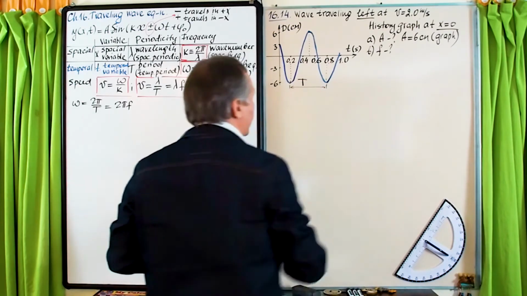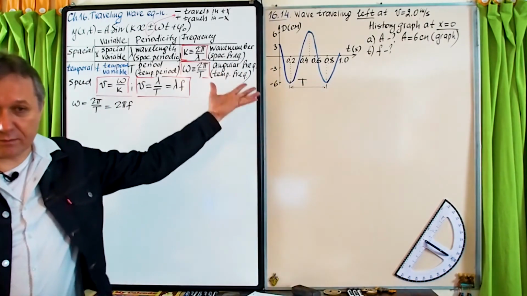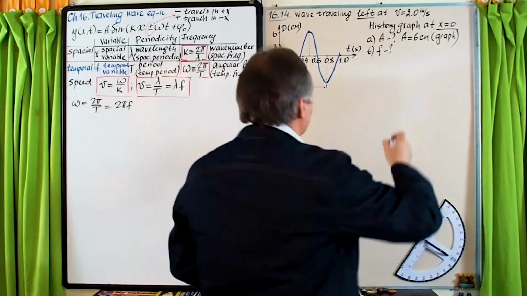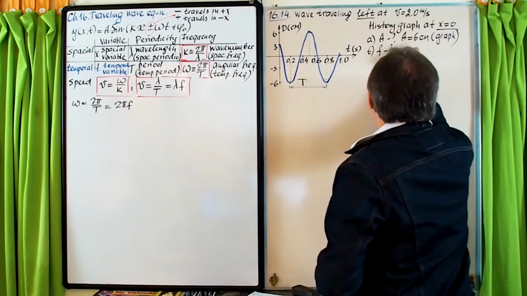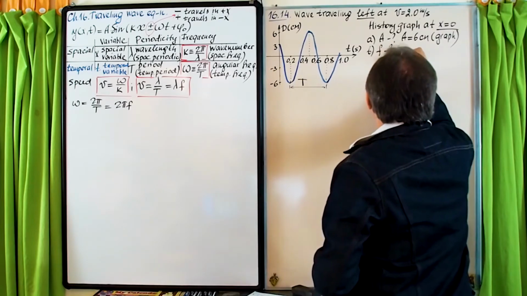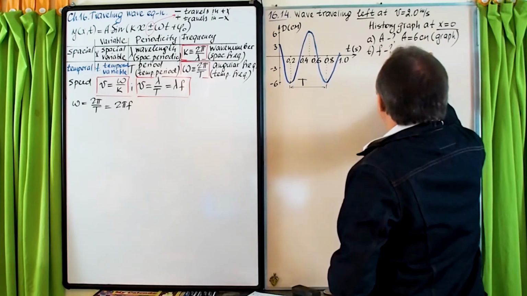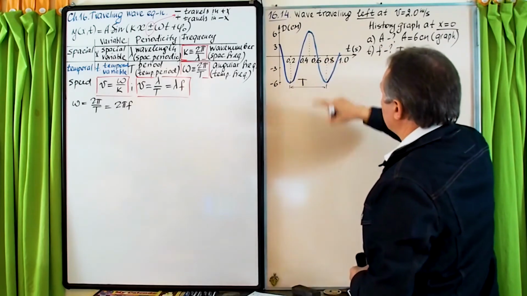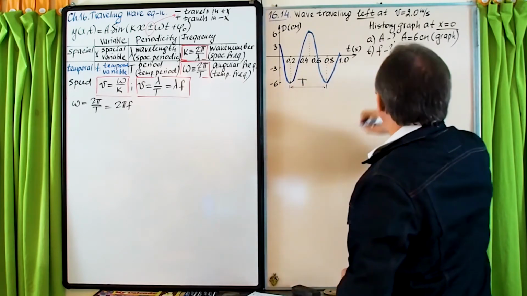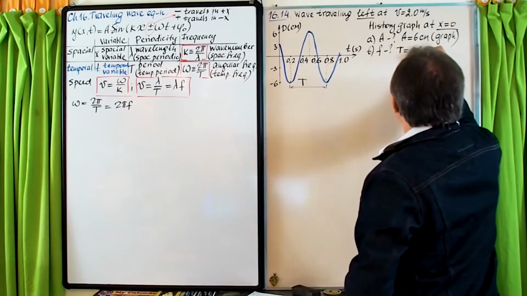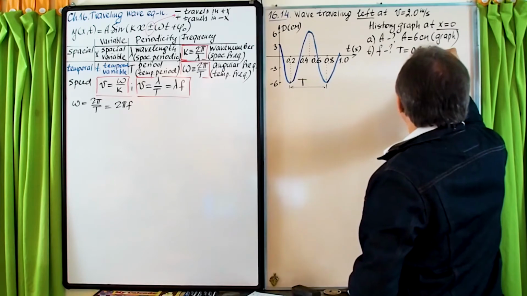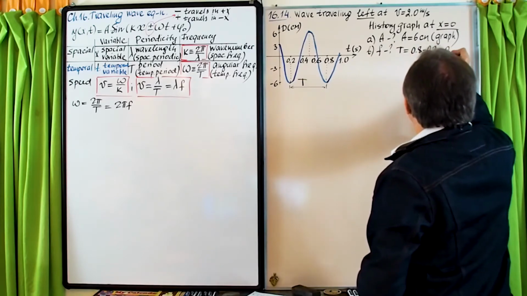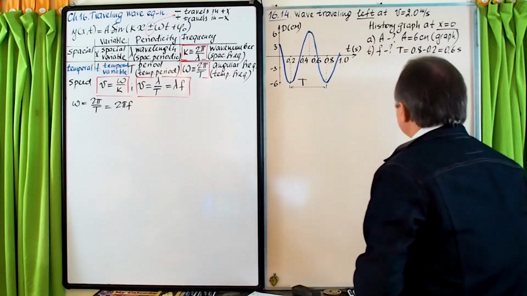It's the periodicity in time. So now we can find T equals 0.8 seconds minus 0.2 seconds, which is 0.6 seconds.